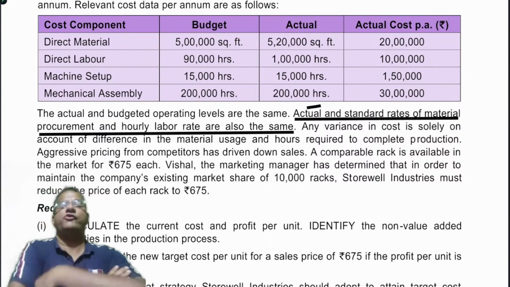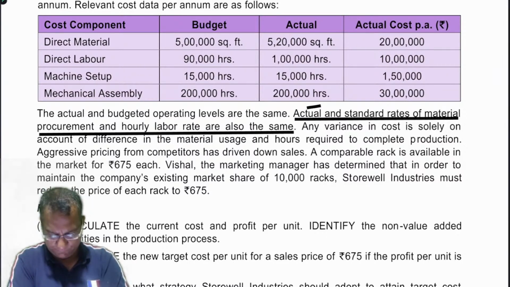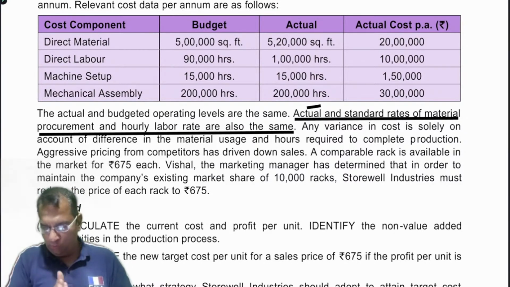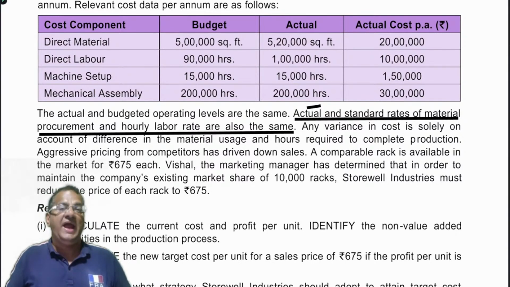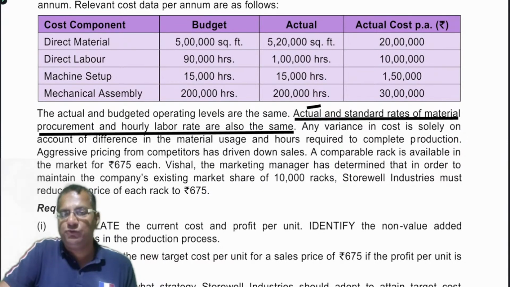Actual and standard rate of material procurement and hourly labor rate are same. इन्वर्टेड कॉमा में लिख दीजिए इसको बेटा. नाउ नेक्स्ट लाइन, इंटरप्रिटेशन. राइट डाउन द वर्ड इंटरप्रिटेशन. इसमें लिखिए आप इंटरप्रिटेशन में, it means there is no material price variance and labor rate variance.